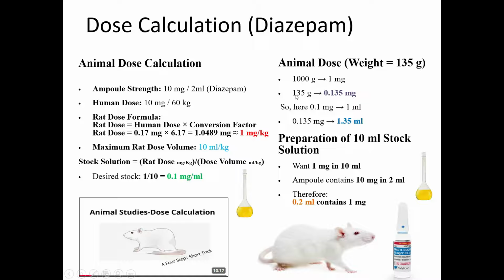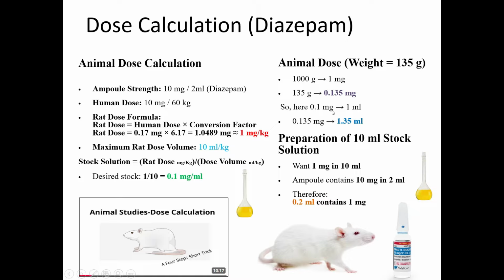For a 135 gram rat, how much dose do we need? By cross multiplication you can calculate this: 0.135 mg.